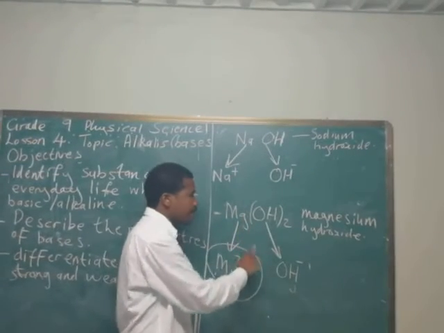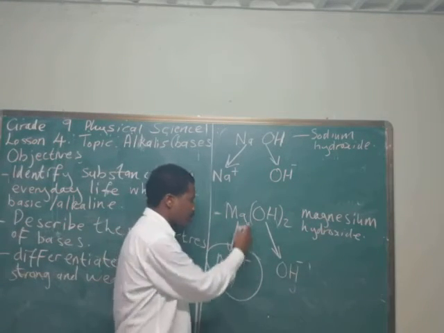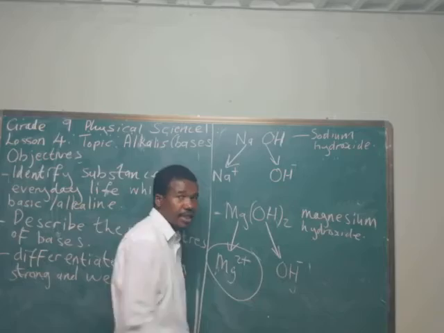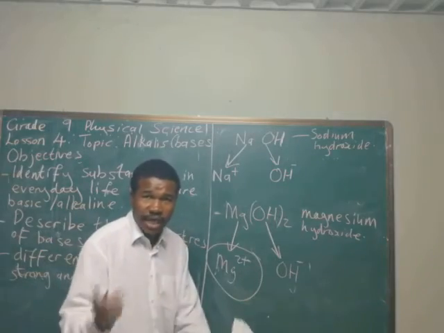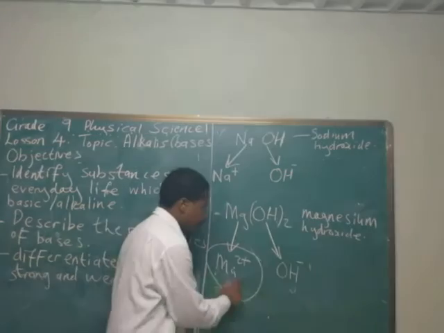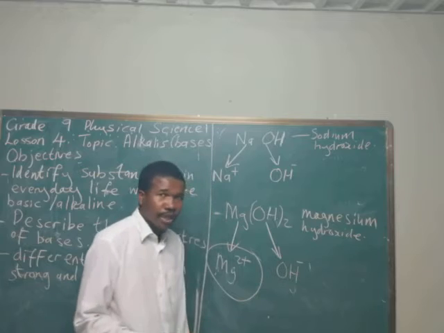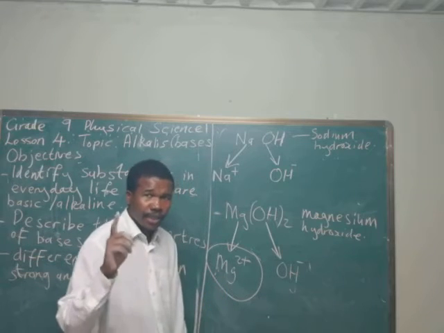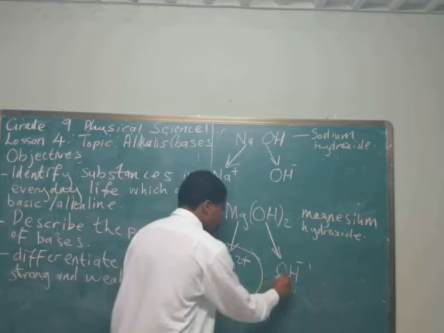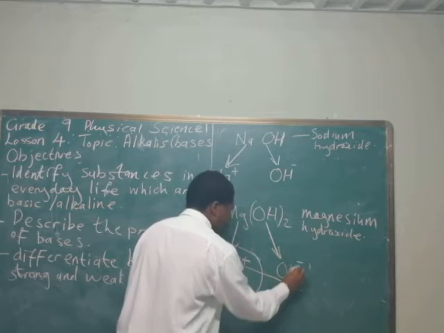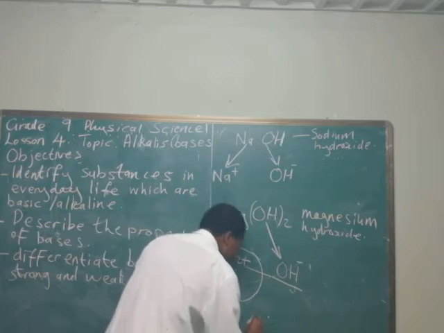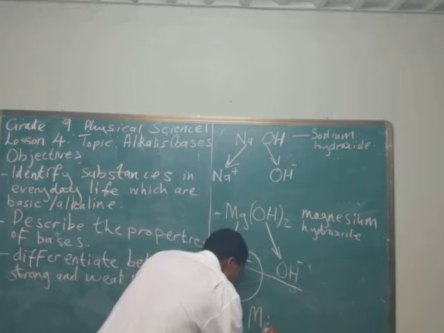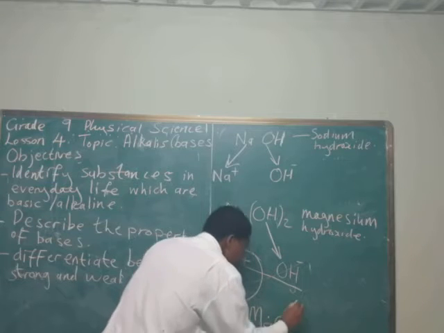This is effectively a decomposition reaction where they have broken down to give us these ones. If we were to synthesize them and combine Mg2+ and OH minus, remember how we write our chemical formulas. This 2 plus would go there, this negative would come here, and the product that will be formed would be again Mg(OH)2.